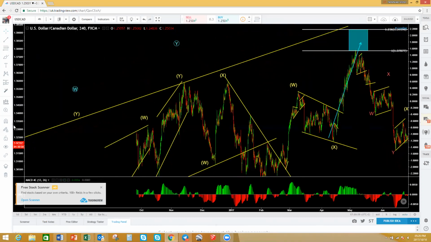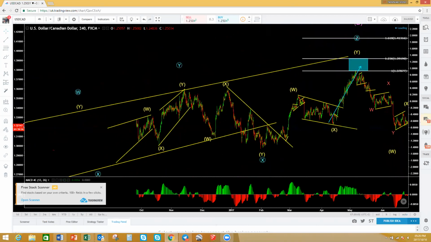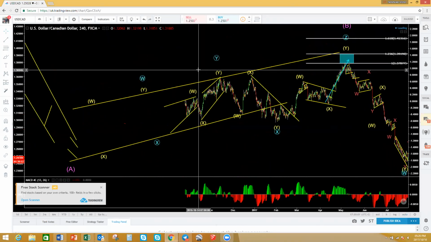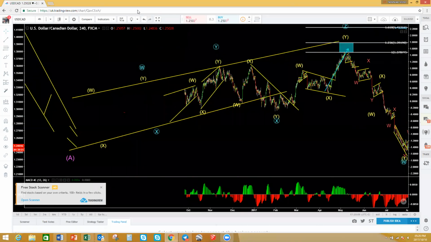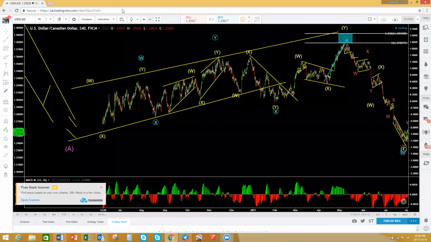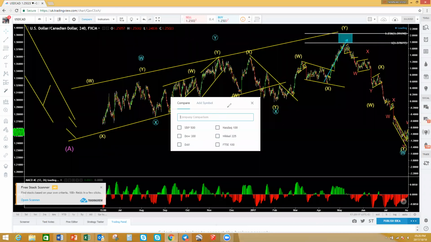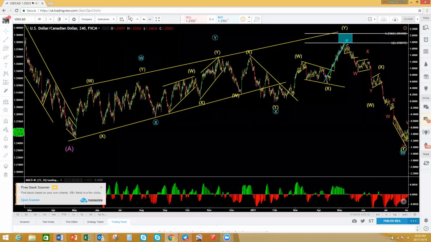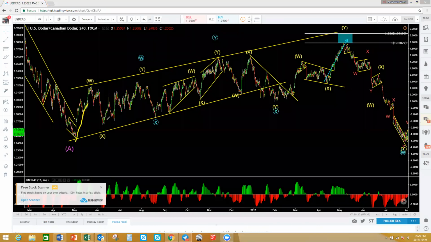So this is the US dollar CAD. Just to show you that WXYZ that I was talking about. Let's take that off. Right, so this was that 1, 2, 3.